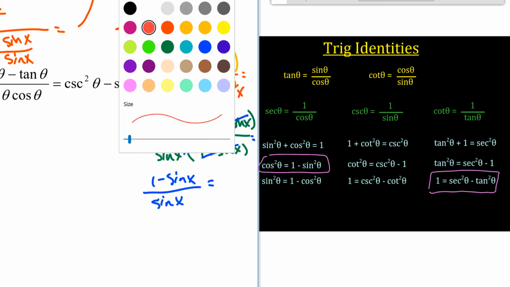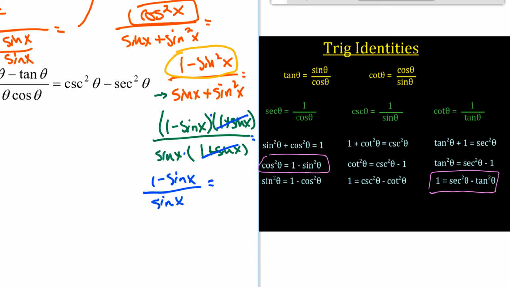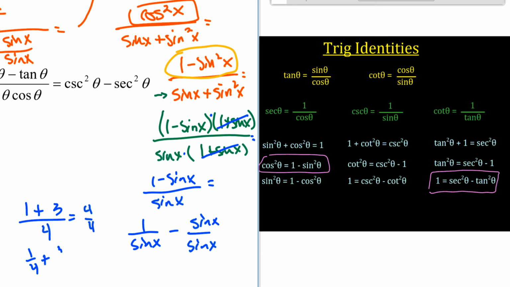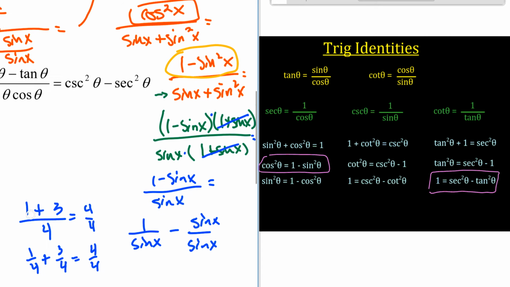What I mean by take it apart is this becomes 1 over sine x minus sine x over sine x. And the reason you can do this, if you think about 1 plus 3 over 4, that's 4 over 4. Well, that's the same as 1/4 plus 3/4, which is 4/4. However, if you do it the other way, it will not work.